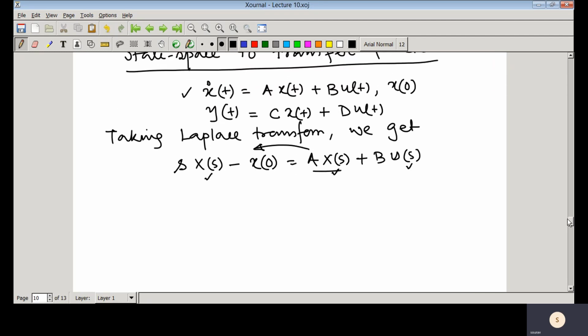Before taking that one, we again take the Laplace transform of that output equation. So that is Y(s) equal to CX(s) plus DU(s).